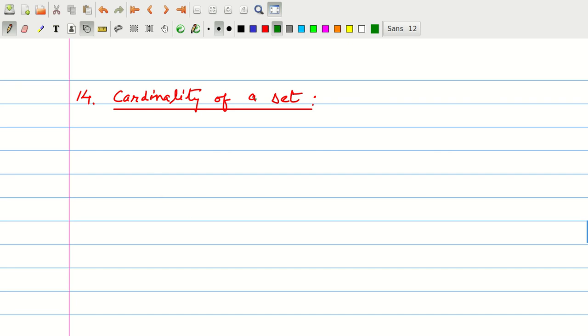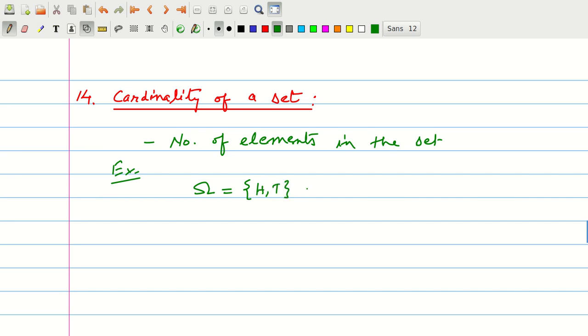The cardinality of a set is simply the number of elements in the set. For example, if our set omega is H comma T, heads comma tails, because there are two elements, the cardinality of omega, cardinality is denoted by these two vertical bars, is 2.